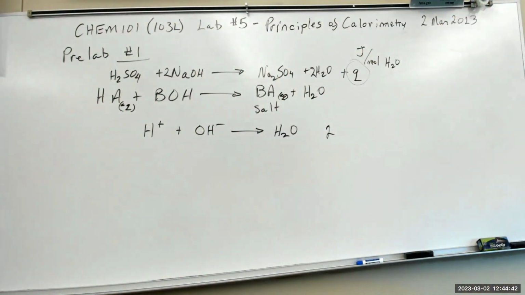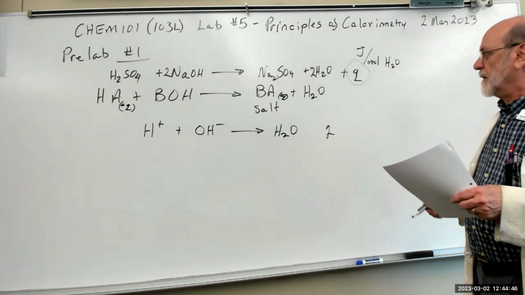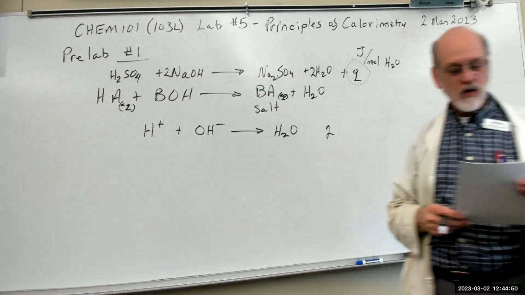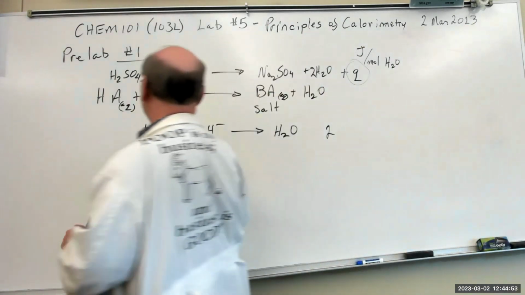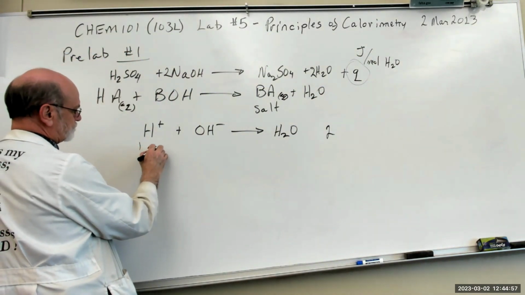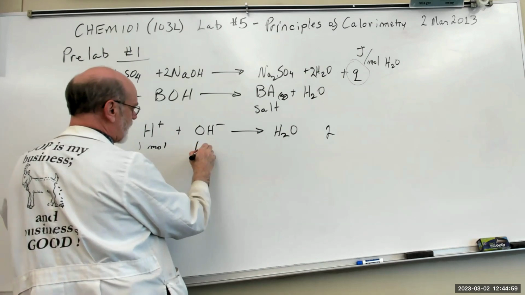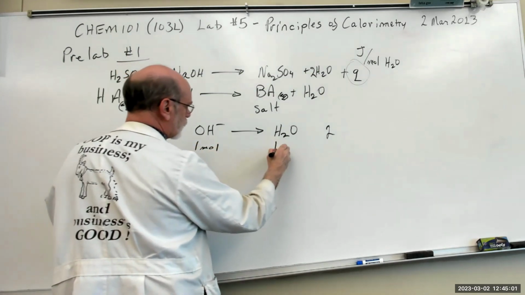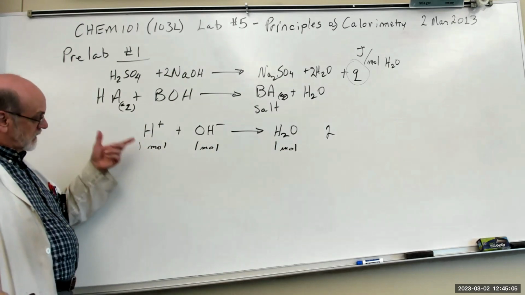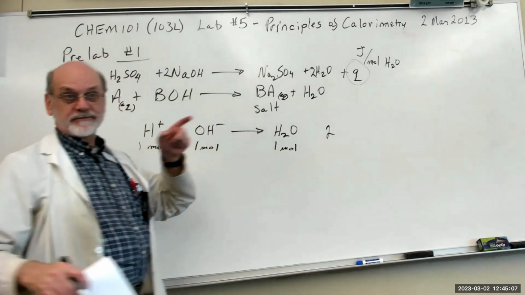All right, so I said all that so that we could make sense of this first question. The first question in the pre-lab is: 1 mole of acid and 1 mole of base react to form 1 mole of water. So 1 mole of this reacts with 1 mole of that to yield 1 mole of that. That's stoichiometric, 1 to 1 to 1.